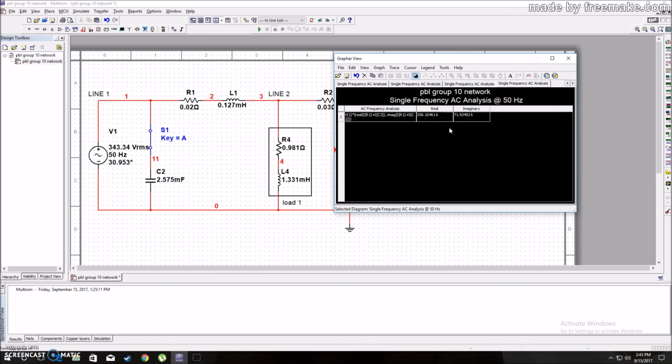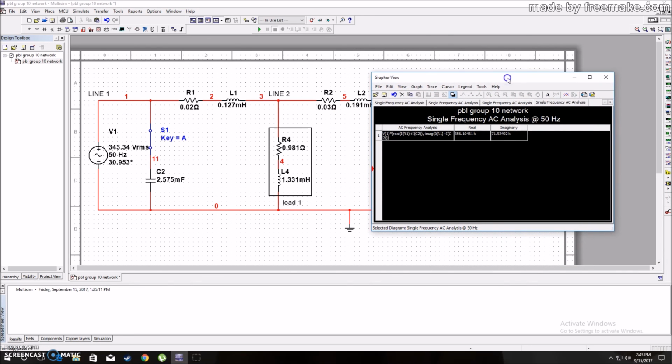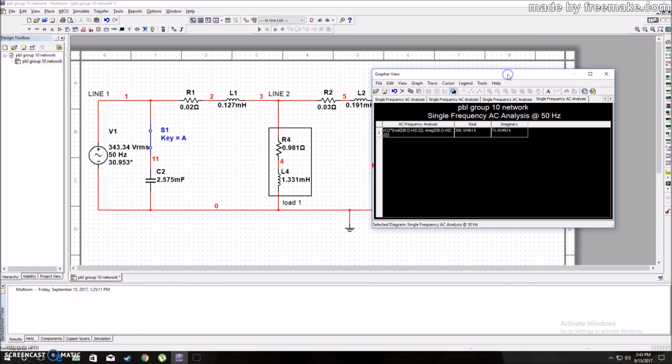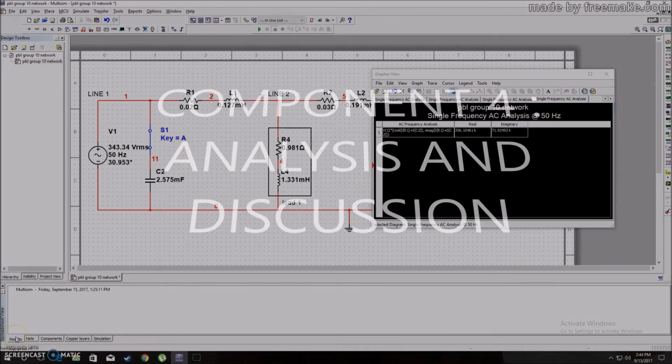So this is how we check the new apparent power and reactive power after power factor correction. So that's it for the simulation explanation. Thank you.